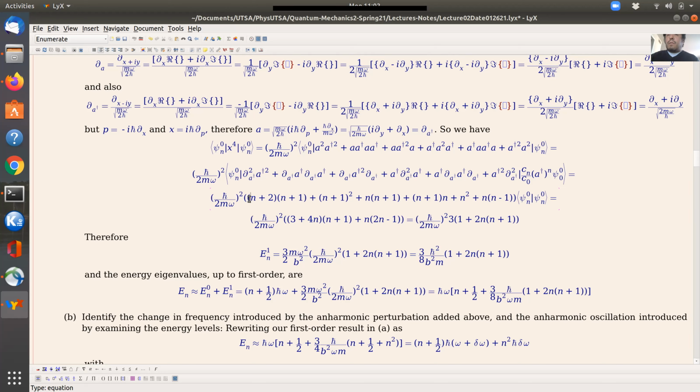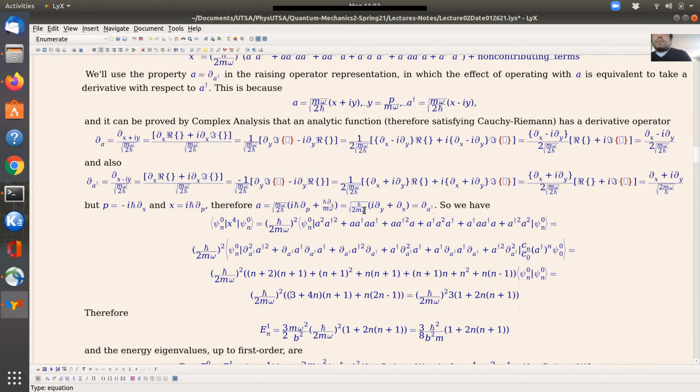And what you are missing is simply this addition of terms in n. If you were to do this, you have 3 plus 4 to the n times n plus 1 times n, plus n times 2n minus 1. And simplifying, this is what you would get.